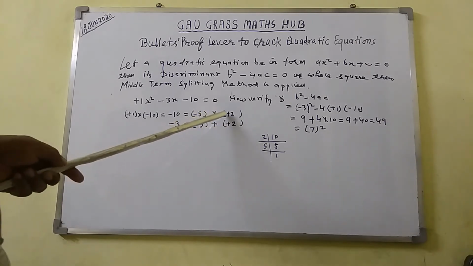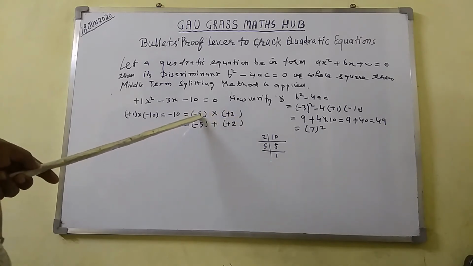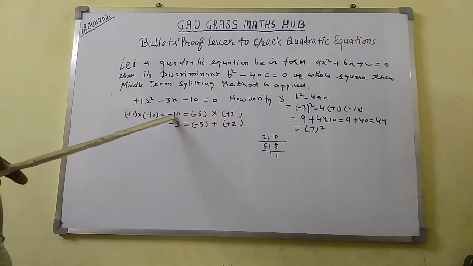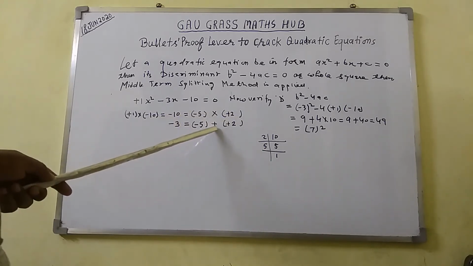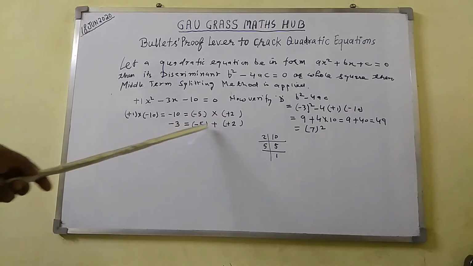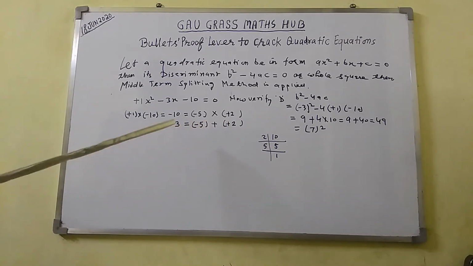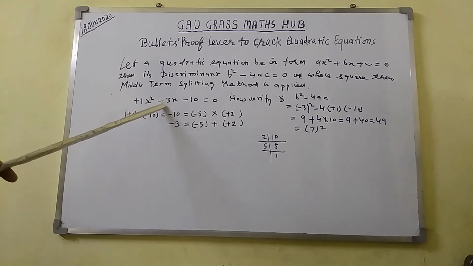Now let us verify. Here we put the multiplication sign. Both will multiply together, and that will become minus 10. If you put here plus, then minus 5 plus 2 makes minus 3. Now the middle term minus 3x can be split easily.